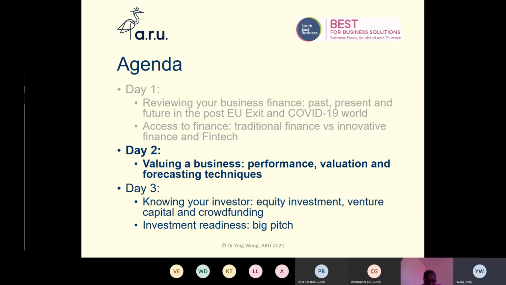We will start by looking at performance, then look into different valuation techniques, forecasting and simulation techniques, etc. After that, I will go through a case study to look more closely at the matters we discuss, and through the case study, we apply those techniques to show you how to manage this process or minimize the risk in this seeking finance process.